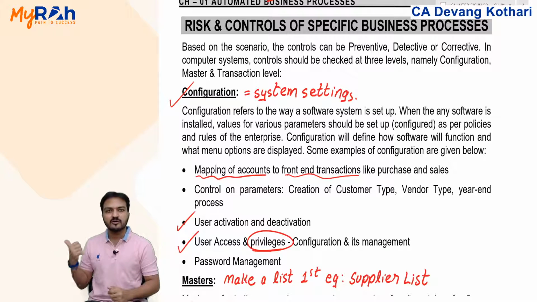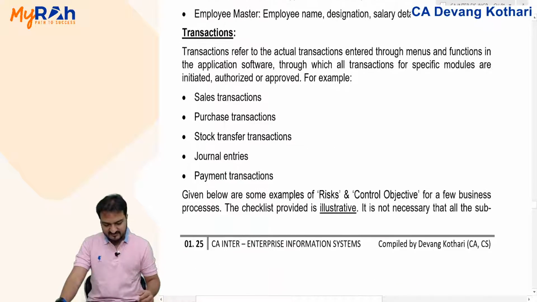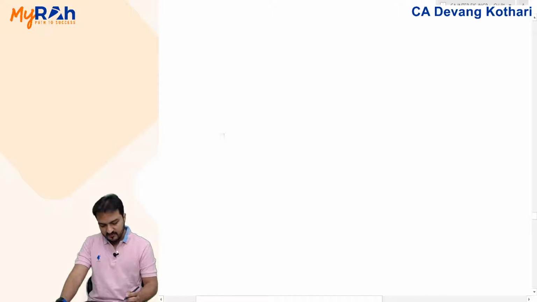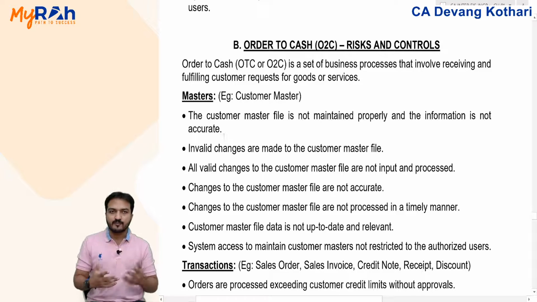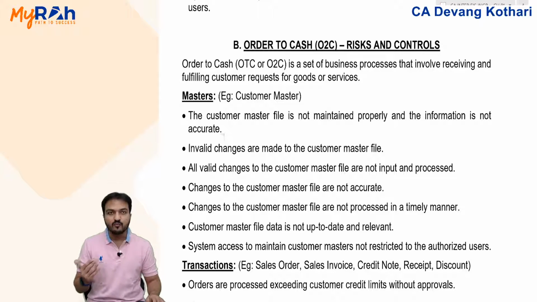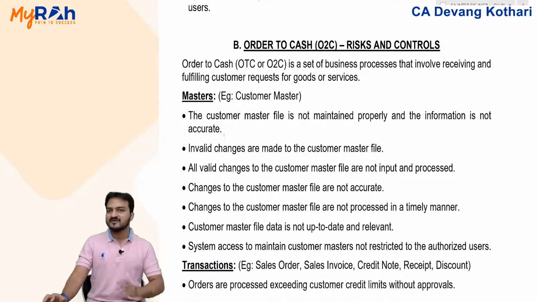The examples given here will be regarding risk in specific business processes, like procure to pay process, or sales process, that is order to cash process, inventory process, HR process, general accounting, general ledger process. So fixed asset process and all these were the different business processes. In each of these business processes, what controls are to be implemented, what risk exists. This is a long list of all the risk involved in routine business processes.